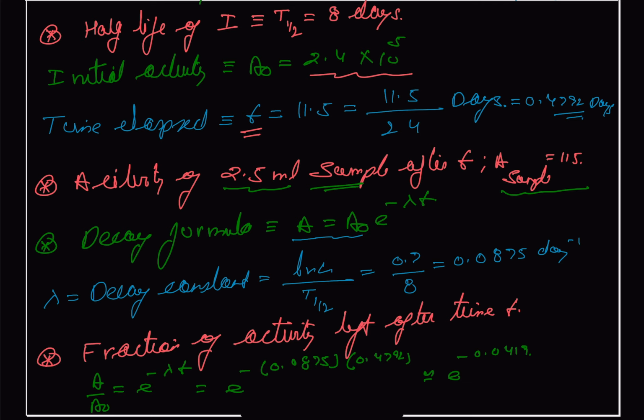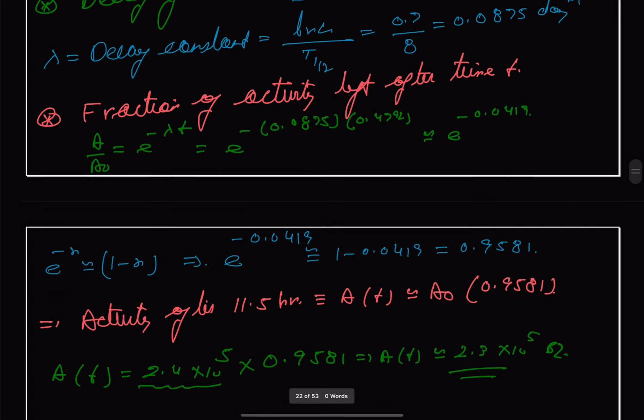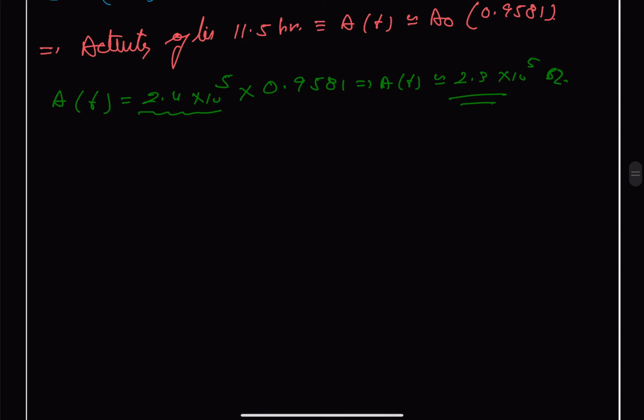So if V is the total volume, we can modify this equation in terms of V also, as the proportion in 2.5 ml, because the activity given to us is with respect to this particular sample.